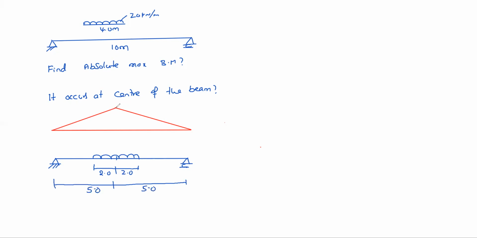That means here AB by L, 5 into 5, 25 by 10, 2.5 here. Here it is 2.5, this is 2 meter, this is 3 meter. So 2.5 into 3 by 5, that is 1.5 here.